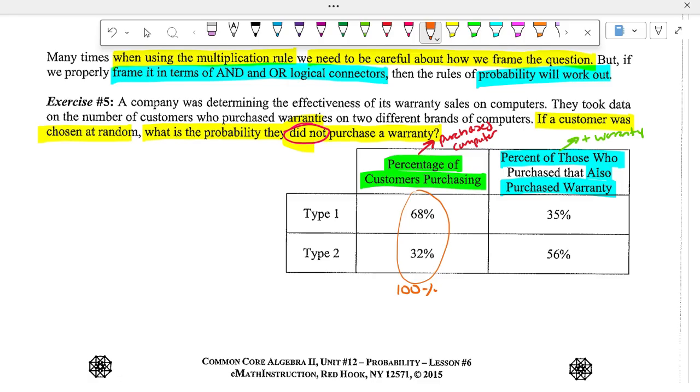But these 35 and 56%, where are they coming from? Those are the ones who purchased computers that also purchased warranties.